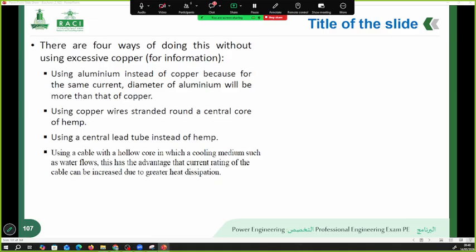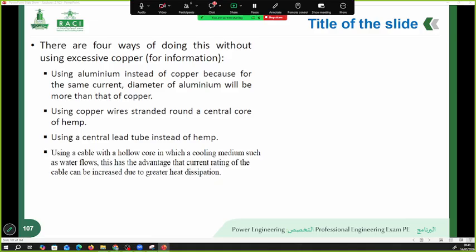Another method is using a central lead tube instead of hemp. Similar to the hemp core method, a lead tube can be used as a filler to increase the overall diameter of the cable. Another method is using a cable with a hollow core and a cooling medium.